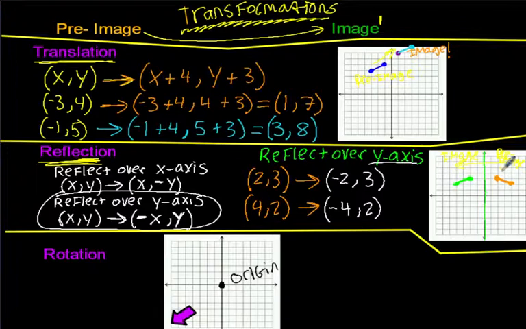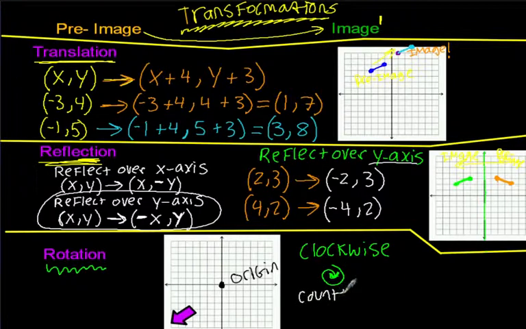All right, let's talk about the rotation. When we rotate around in a circle, I can show you, we're going to deal with clockwise, which looks like this, and we're going to talk about counterclockwise, and that is going to look in the opposite direction that a clock would go, counterclockwise, like that. So a rotation is going to look like this.